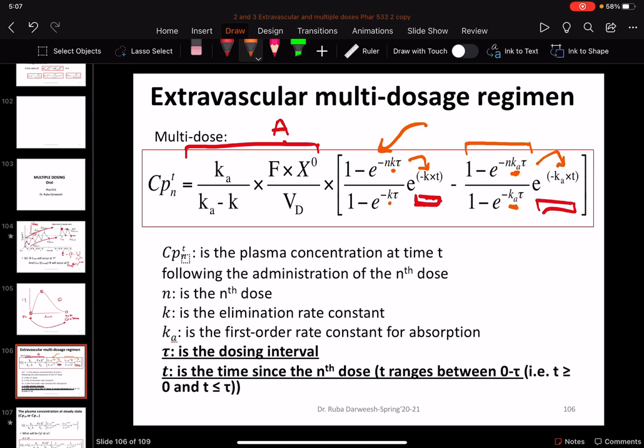And the same thing, tau is the dosing interval. The concentration equation is for the nth dose at a certain time from that nth dose, and again the time ranges between 0 to tau.